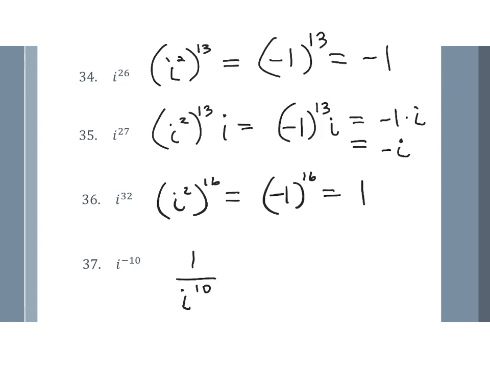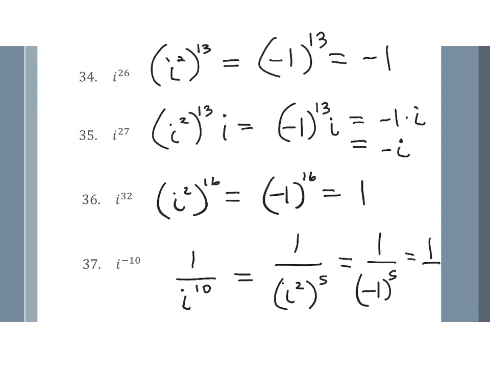And now I can break the i to the 10th power into i squared raised to the 5th power. This becomes -1 to the 5th. And again, I get a -1 when it's odd. So 1 divided by -1, and this answer is just -1.